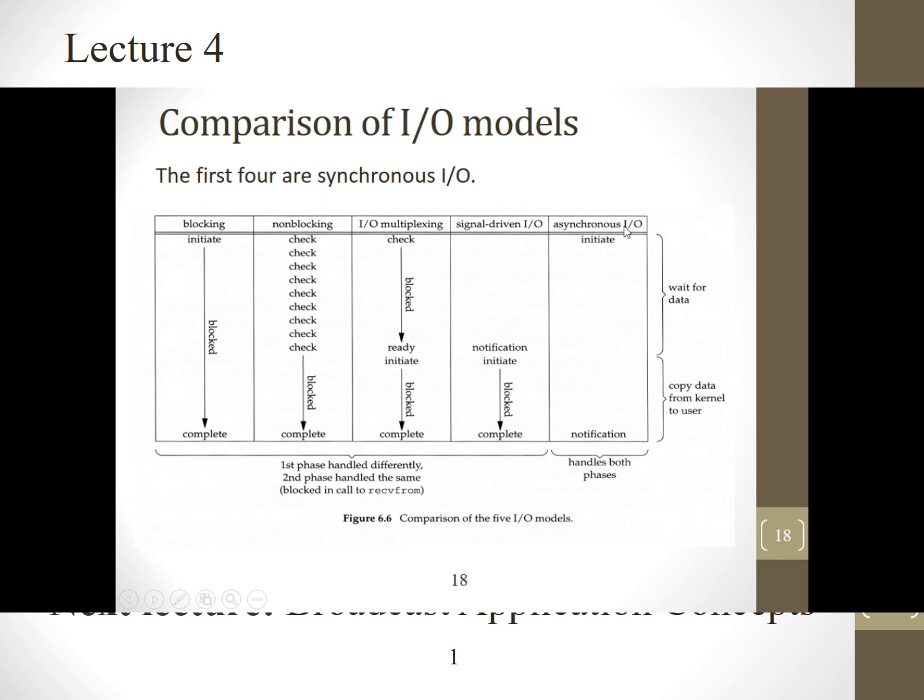We already know that we have two distinct phases for all IO models. The first phase was waiting for the data to arrive for all of them, and the other phase was to copy the data from the kernel to the user side.